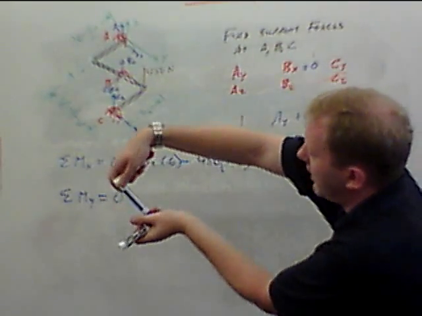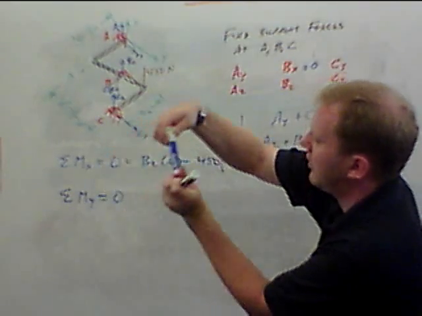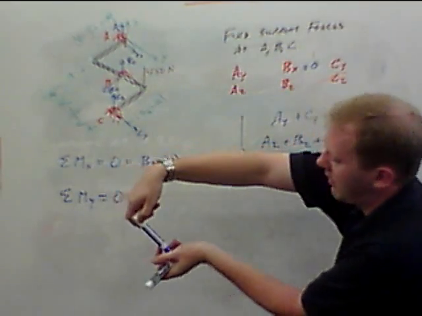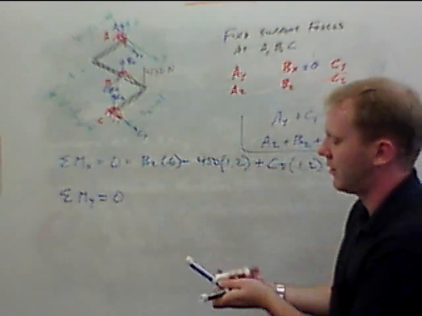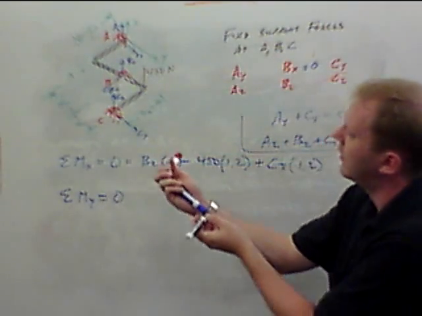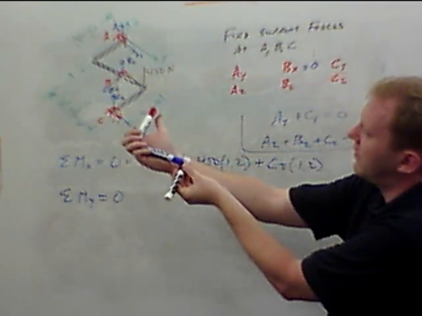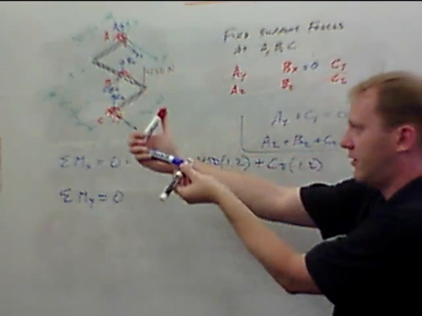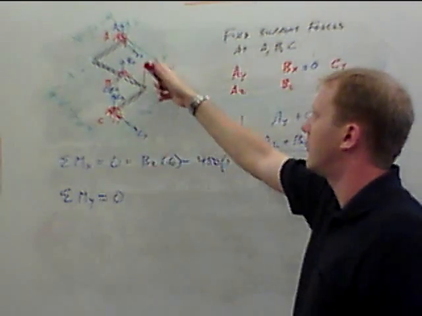I'm trying to hold this as carefully as I can, parallel with B. So this follows my beam. Rotation about y is going to be this rotation, swinging around this y-axis here.